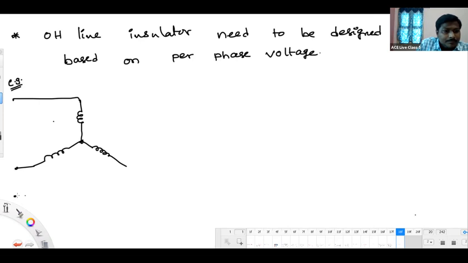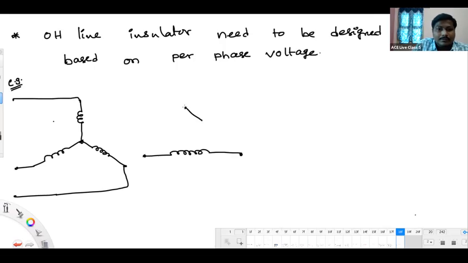And I am showing secondary side delta, some delta shape like this.